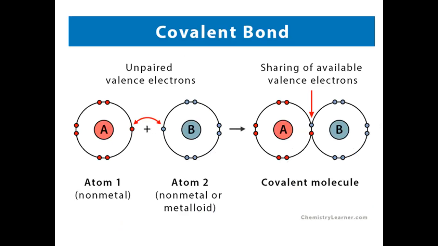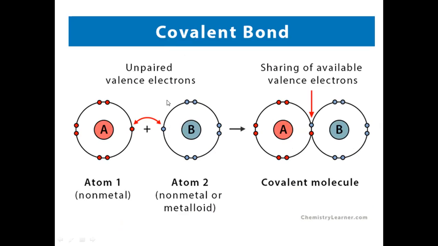Let's see different examples of the covalent bond, and particularly all types of bonds here are due to unpaired valence electrons. So there must be availability of unpaired electrons in the valence shells.